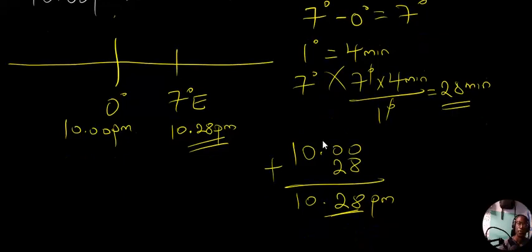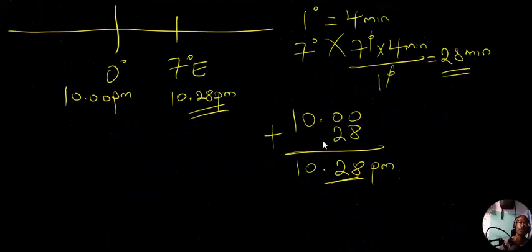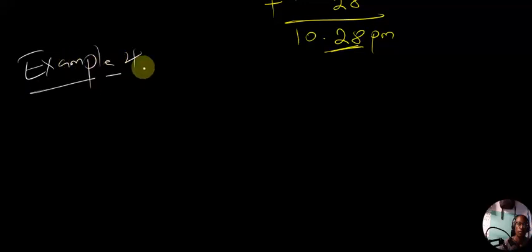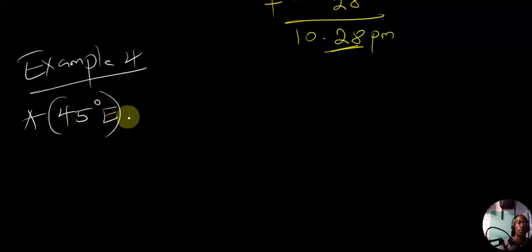Let's calculate another question. Example 4. Let's work out. Example 4. Town A, its longitude is 45 degrees east. And town B, its longitude is 75 degrees east.